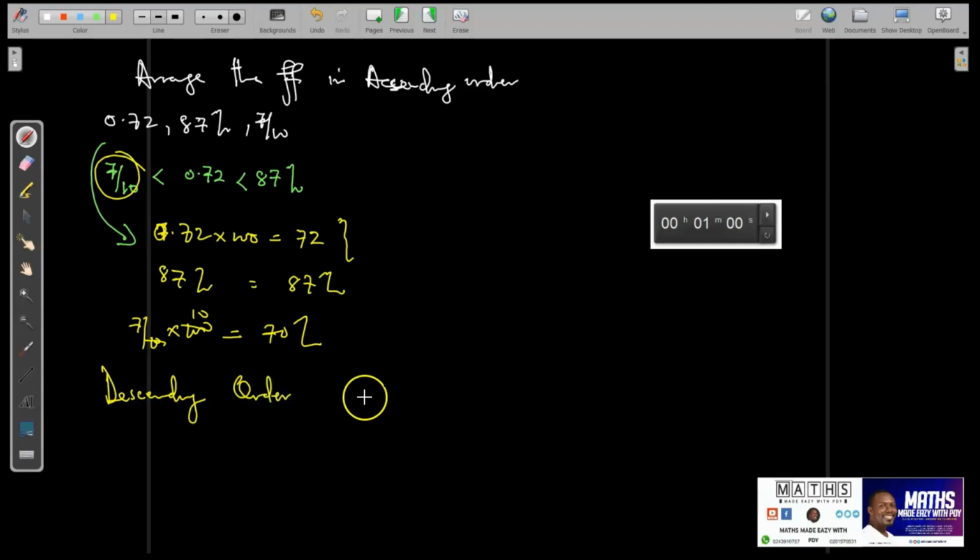So, we have the numbers as 0.9, 7 on 10, and then 85%. Express this in descending order of magnitude within 1 minute. Time starts.